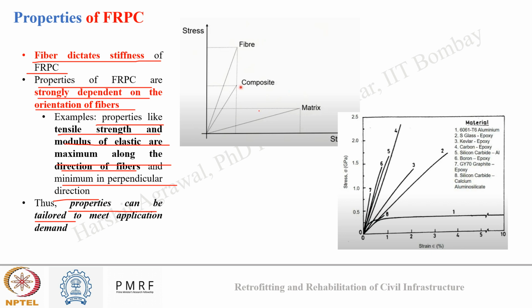The second diagram shows the same stress-strain profile for different kinds of FRPCs that we discussed recently. As can be seen, number two, the S glass epoxy FRPC, has the highest percentage elongation, while the carbon epoxy FRPC has the highest strength. So based on my application demand, I can tailor which material I want to use for the FRPC.